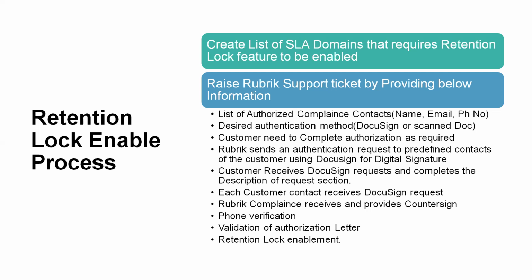Once that is done, Rubrik will perform phone verification. Rubrik will call each predefined contact to obtain additional verification. Next is validation of the authorization letter. Rubrik will validate the authorization letter and ensure it meets the necessary requirements. Once the requirements are met, Rubrik is good to enable retention lock.